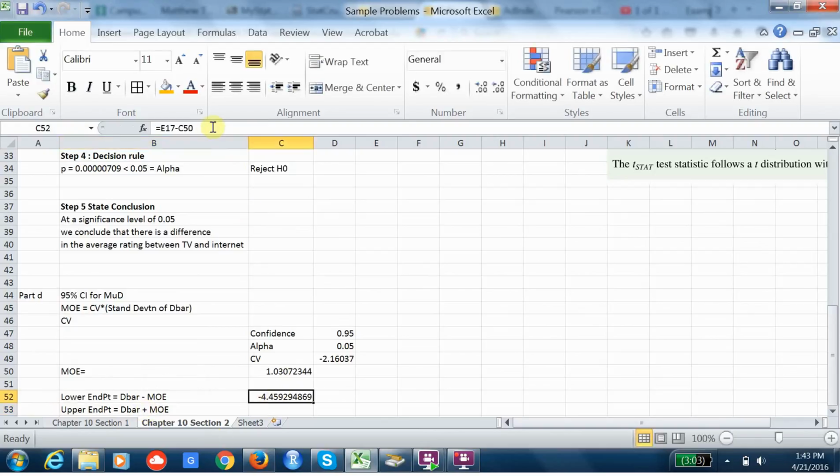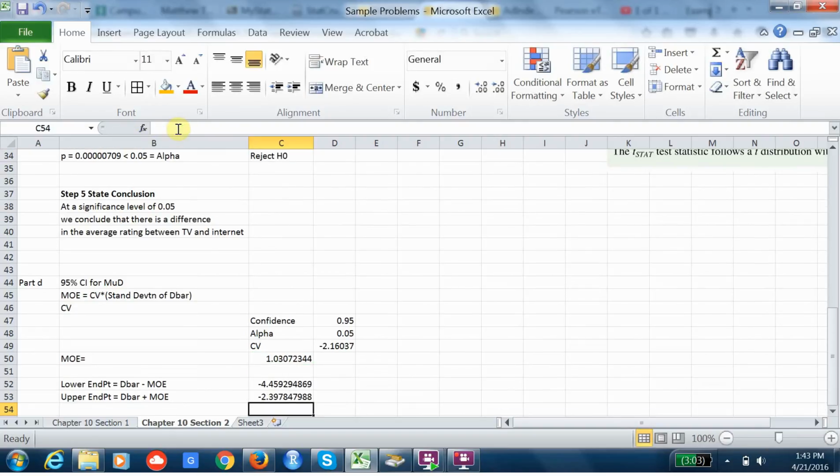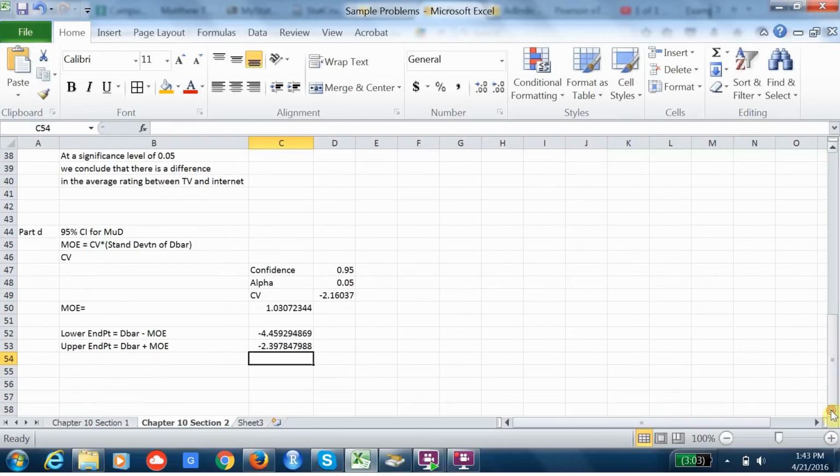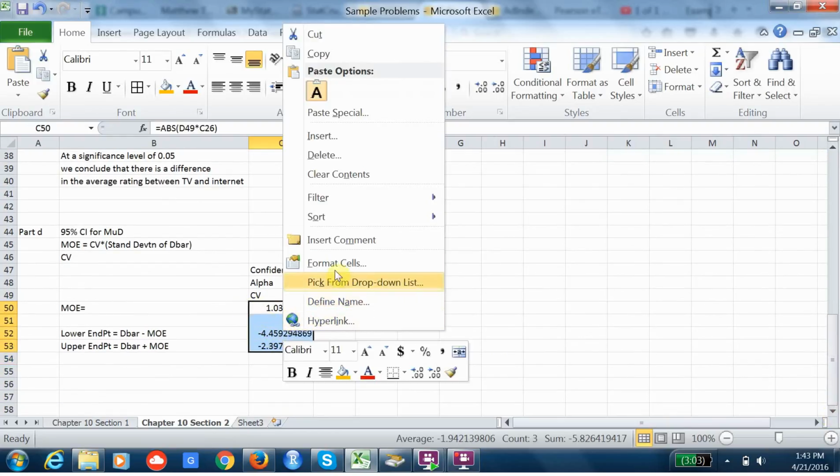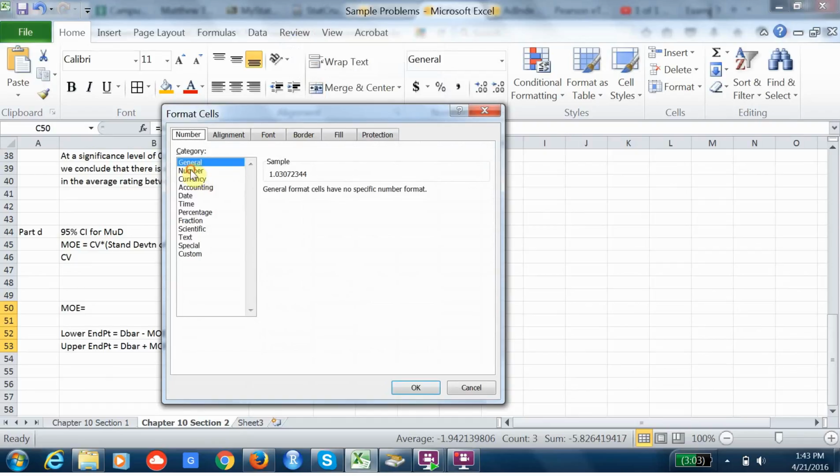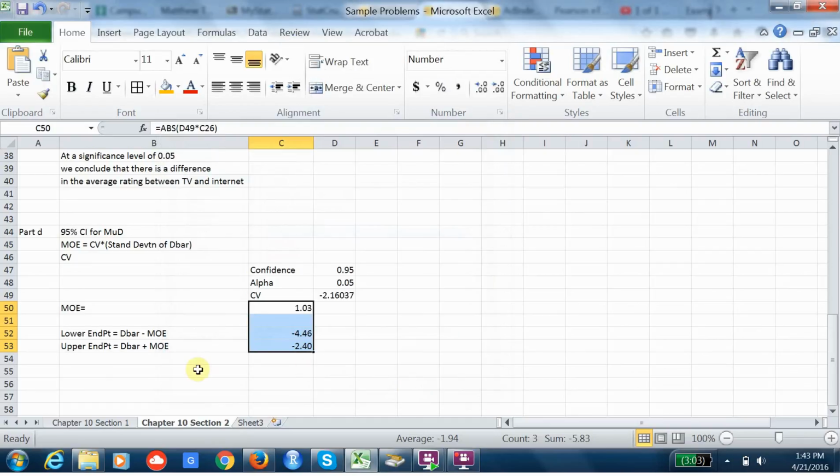So I'm just going to cut and paste this formula. Notice when you hit enter, it automatically goes to the next line. And I want to round these off because this is just too many decimal places to look at. Here we go.